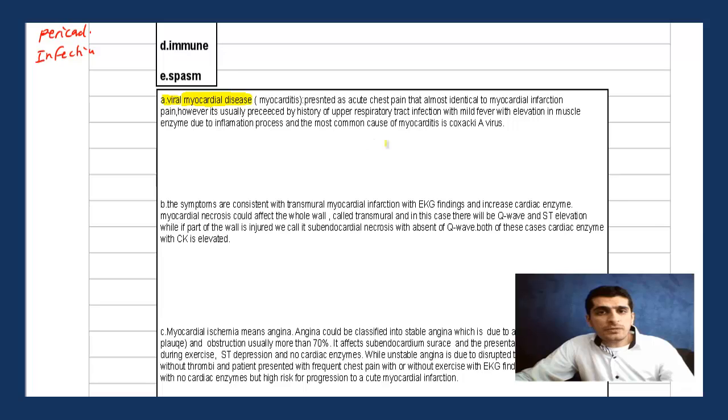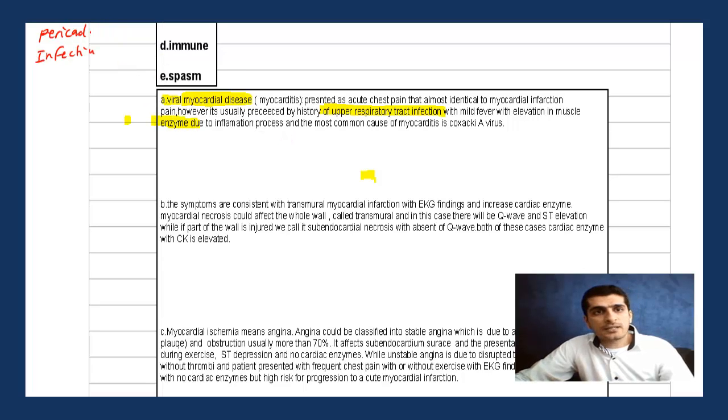Now, the issue here is chest pain, the same acute chest pain, while there is a history of upper respiratory tract symptoms, plus there are muscle enzymes. So the enzymes here are increased.